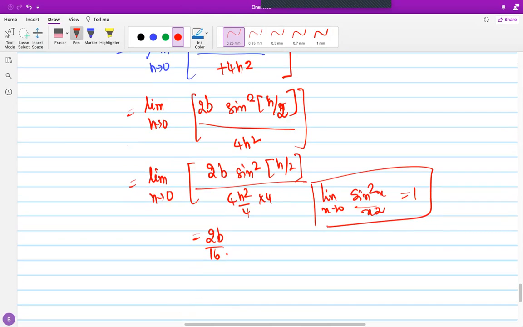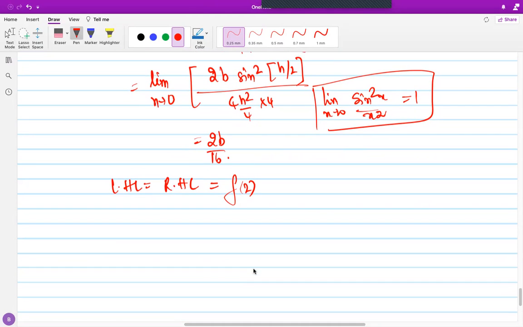Therefore LHL is equal to RHL, which is equal to f of 2. They've told that it is continuous at 2, so 1 by 2 equal to 2b by 8, so b equals 8.